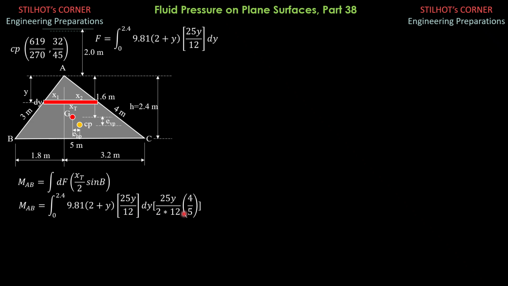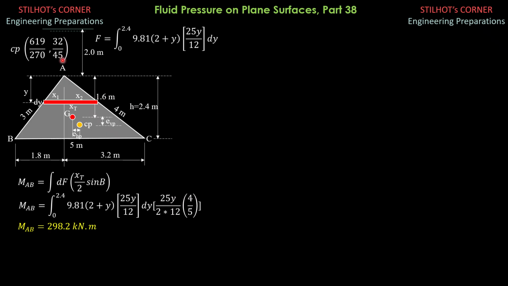So using the high-tech calculator, we can now compute MAB, and it is equal to 298.2 kilonewton meter also.